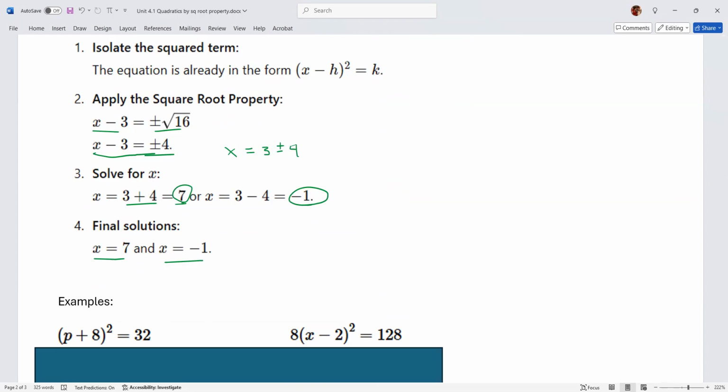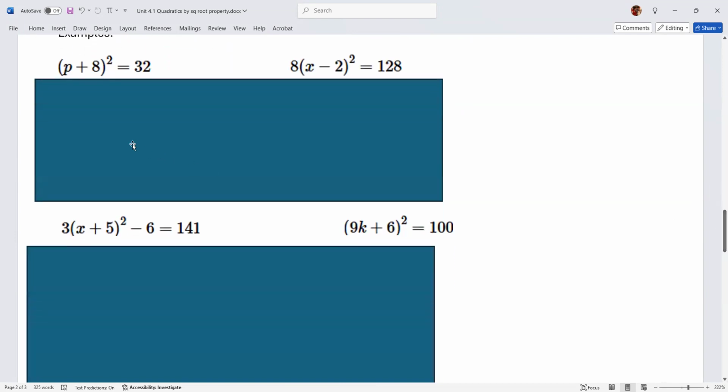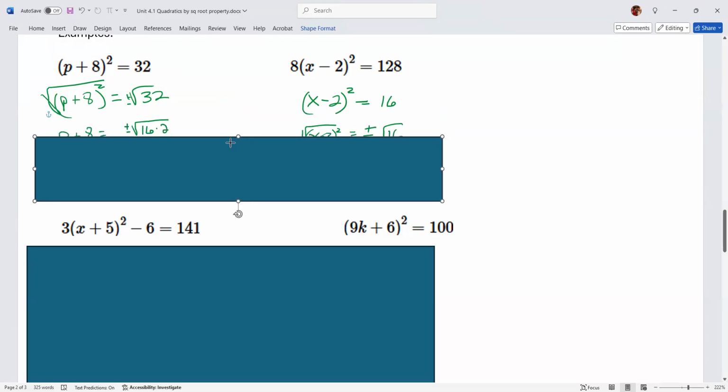And so if it's quadratic in form, let's take a look at this one. There's nothing I need to do because it already has the square term by itself and the 32. And so I take the square roots of both sides. Now you have to remember how to simplify a radical. 32 does have a perfect square in it, 16.